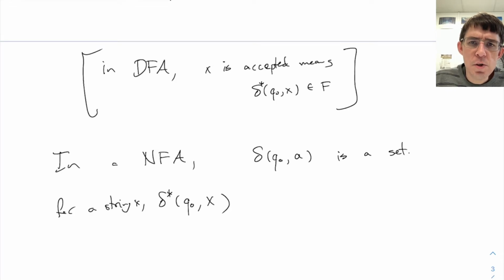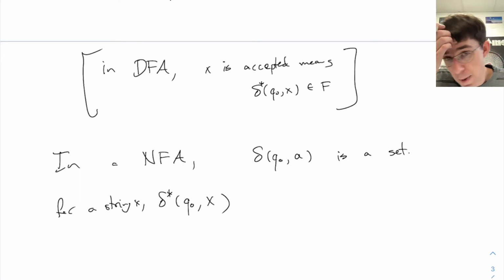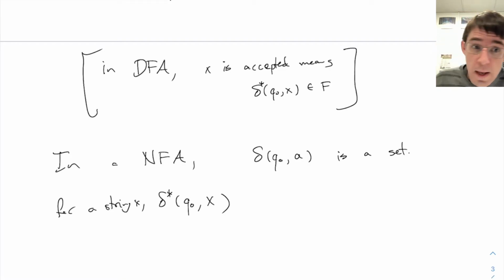The idea is you start in state Q0 and you do this string X. Now, if X is a big string, there could be many possible places you end up after you do this string X. If you do a single letter, it might have several outgoing arrows with that letter. If you do a whole string, there are perhaps many different possible paths you could take through the machine.